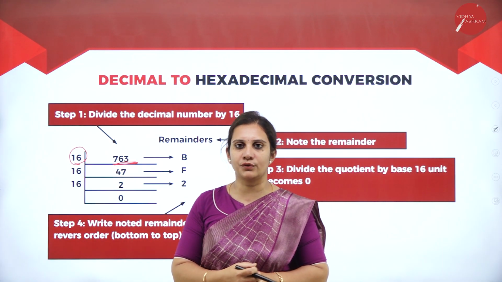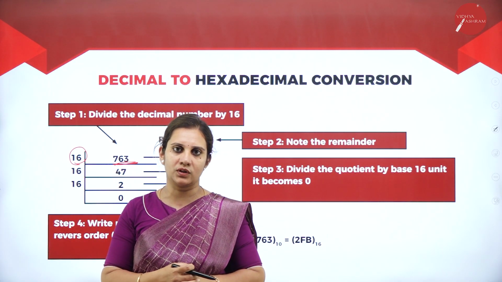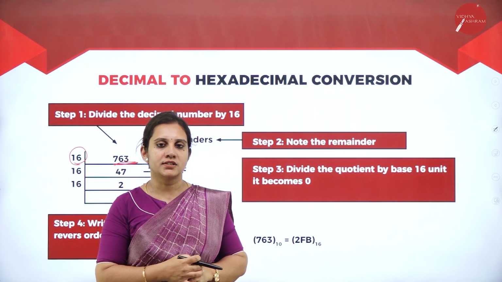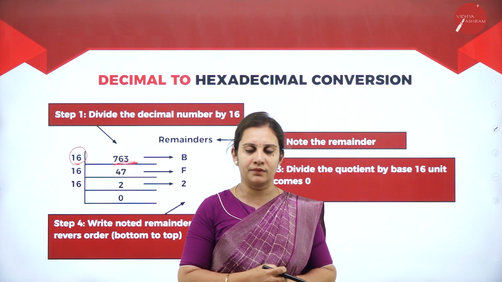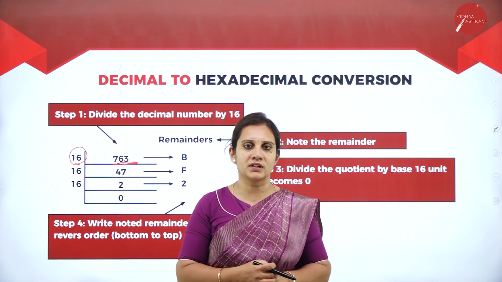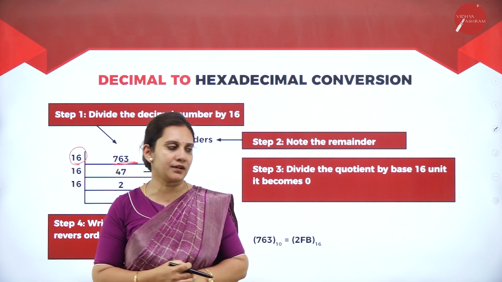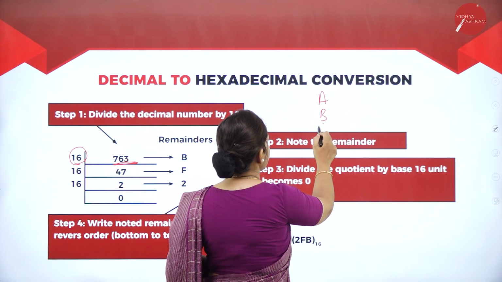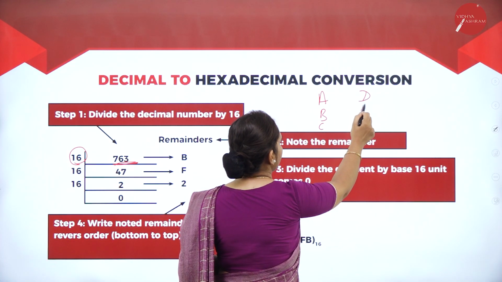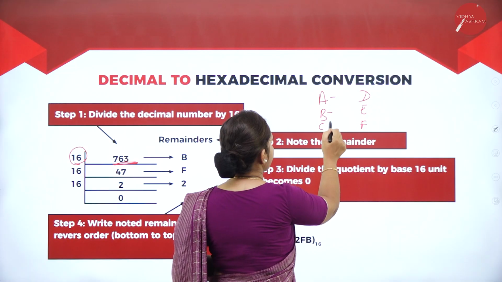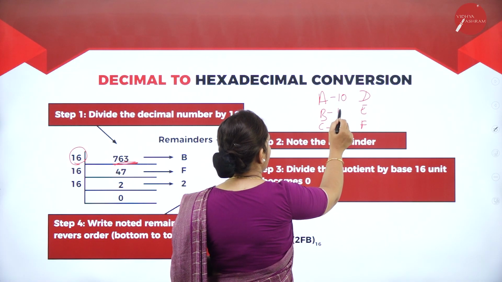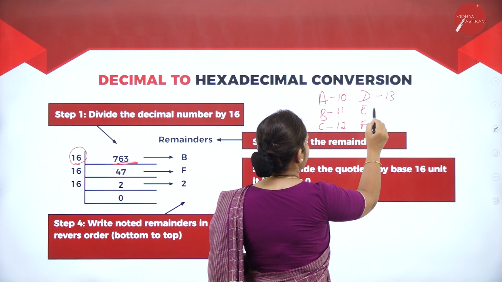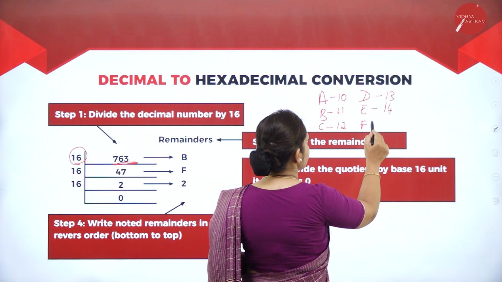After that, from 10 to 15, it will be in character representation. A, B, C, D, E and F. So 10 represents A, 11 represents B, 12 represents C, 13 represents D, 14 represents E and 15 represents F.